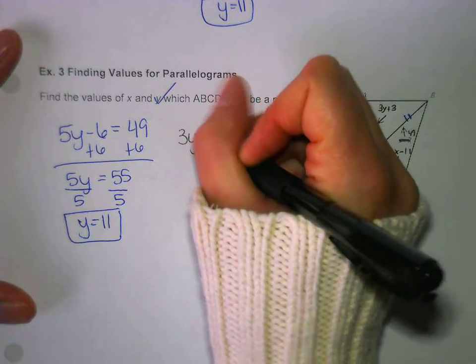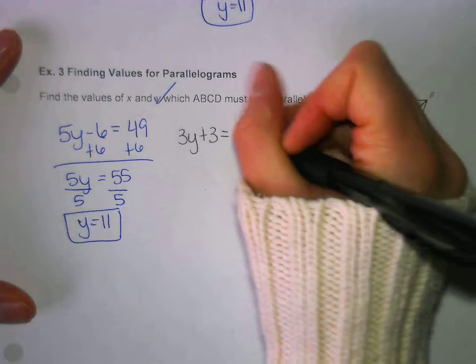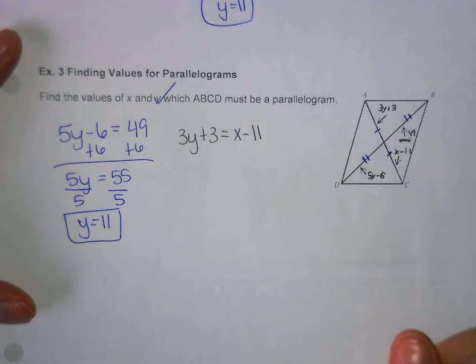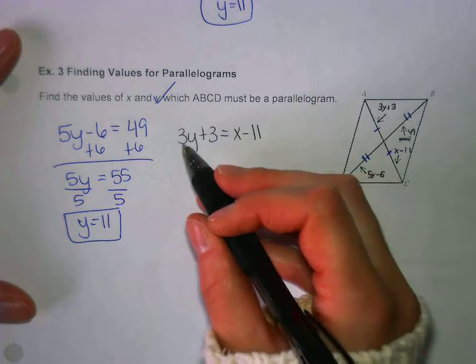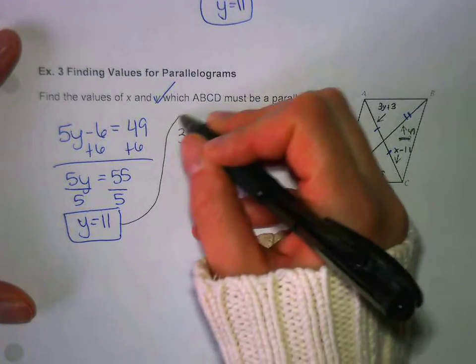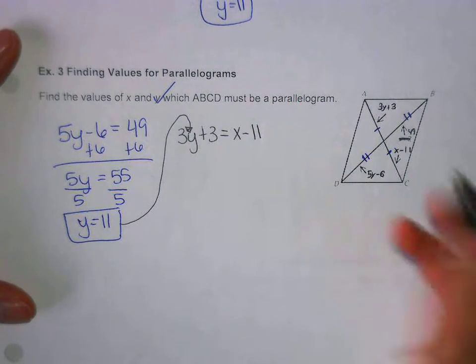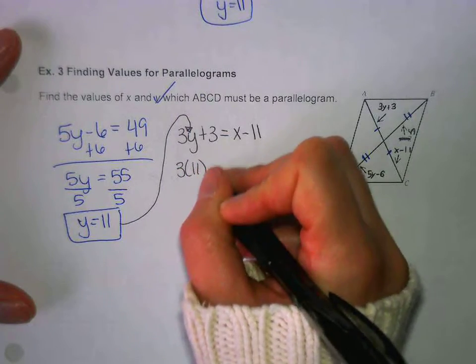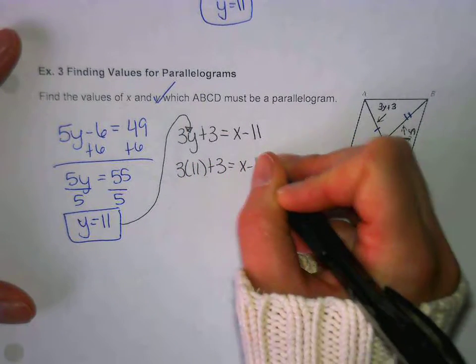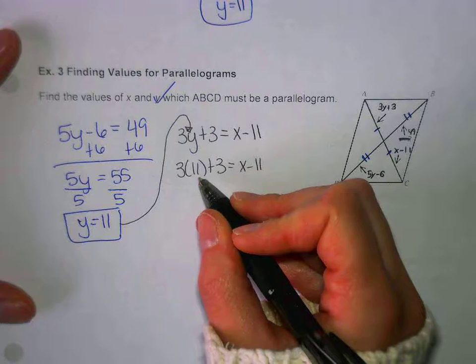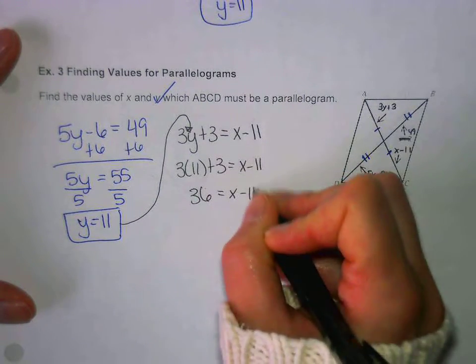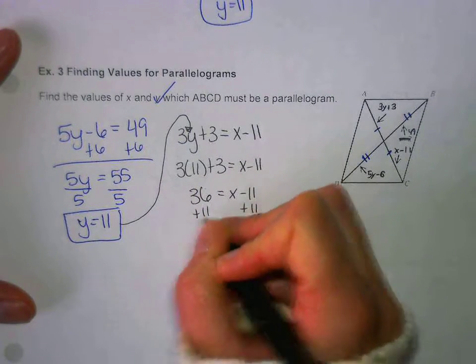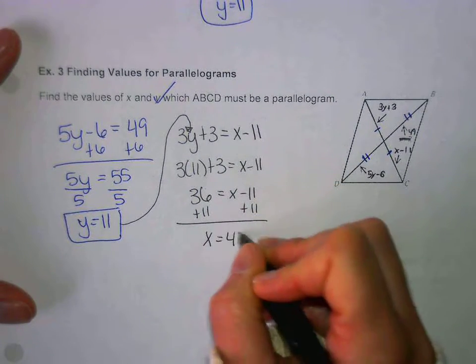So I have 3y plus 3 equals x minus 11. I cannot solve it as is. I have an x and a y, but I just found that y equaled 11, so I'm going to substitute that in. So I have 3 times 11 plus 3 equals x minus 11. 3 times 11 is 33, plus 3 means I have 36. Then if I add 11 to both sides, x will equal 47.